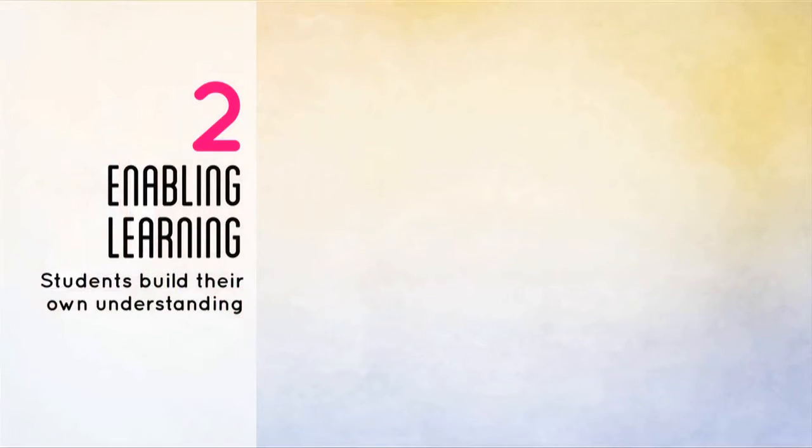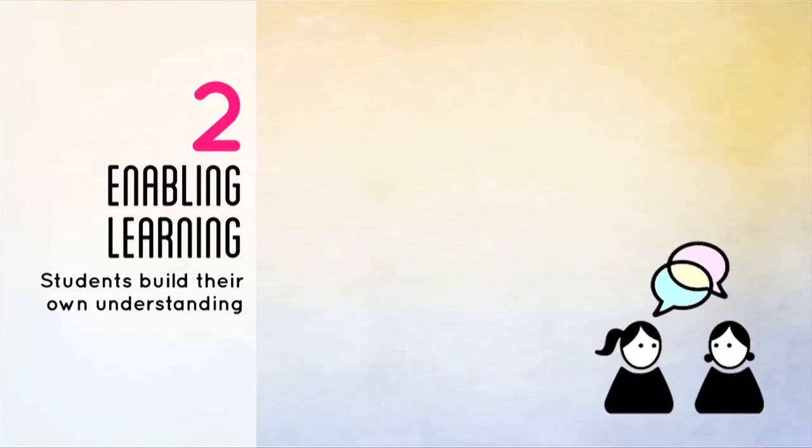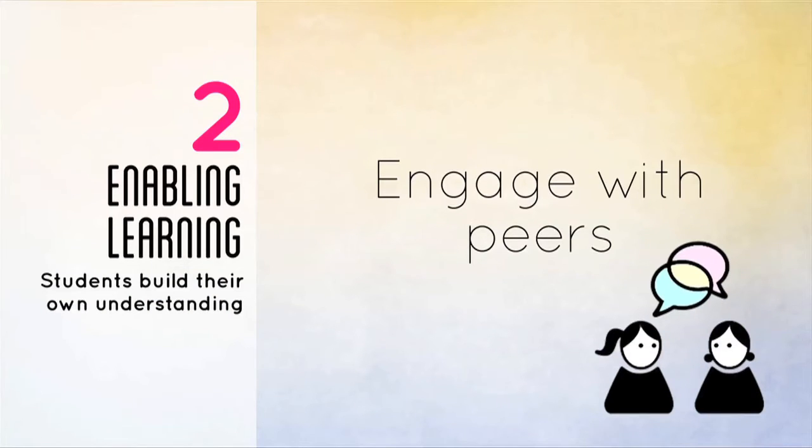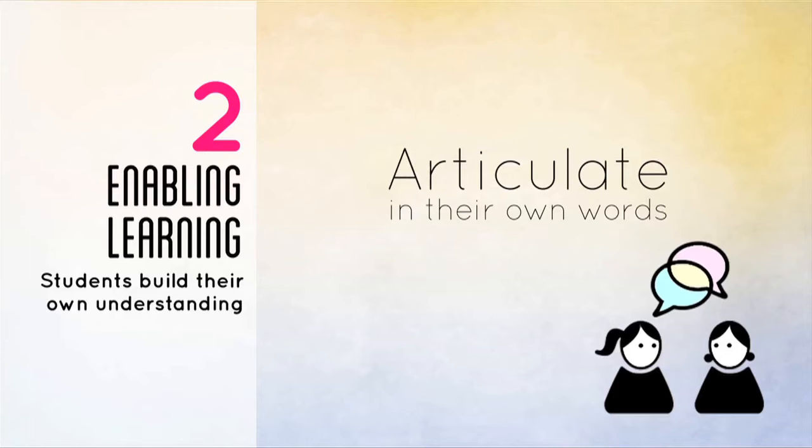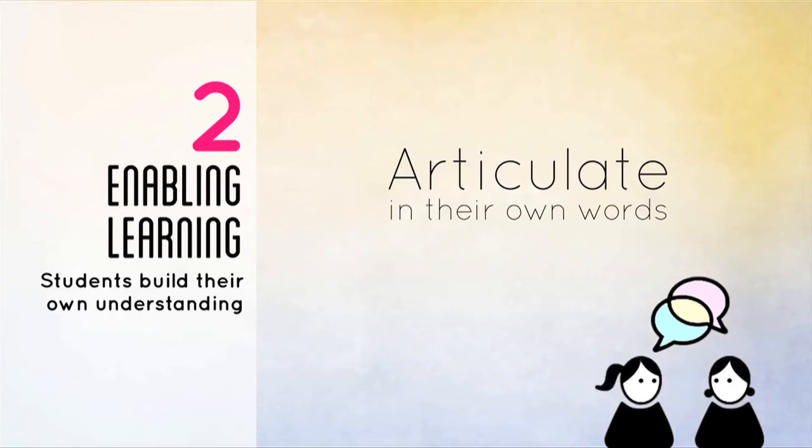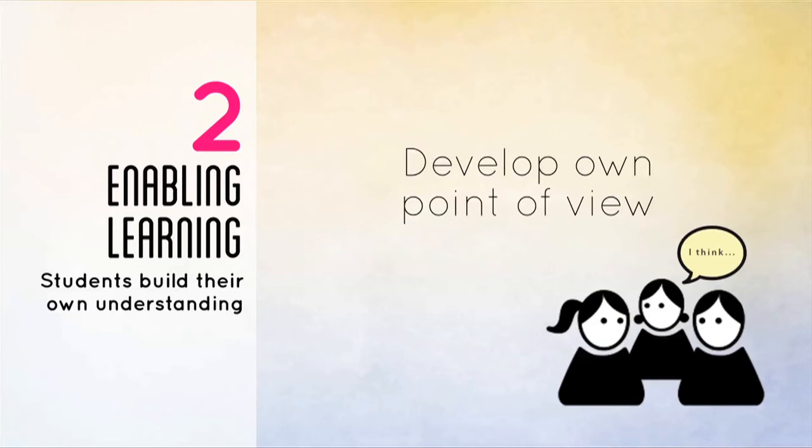In this scenario, it is important that the students understand what the concept is and you have to transfer that knowledge to them. As we move ahead in the process, it's important that students get an opportunity to build their own understanding of the concept. This means they engage with it with their peers and try and articulate in their own words what democracy means and form their point of view about it.